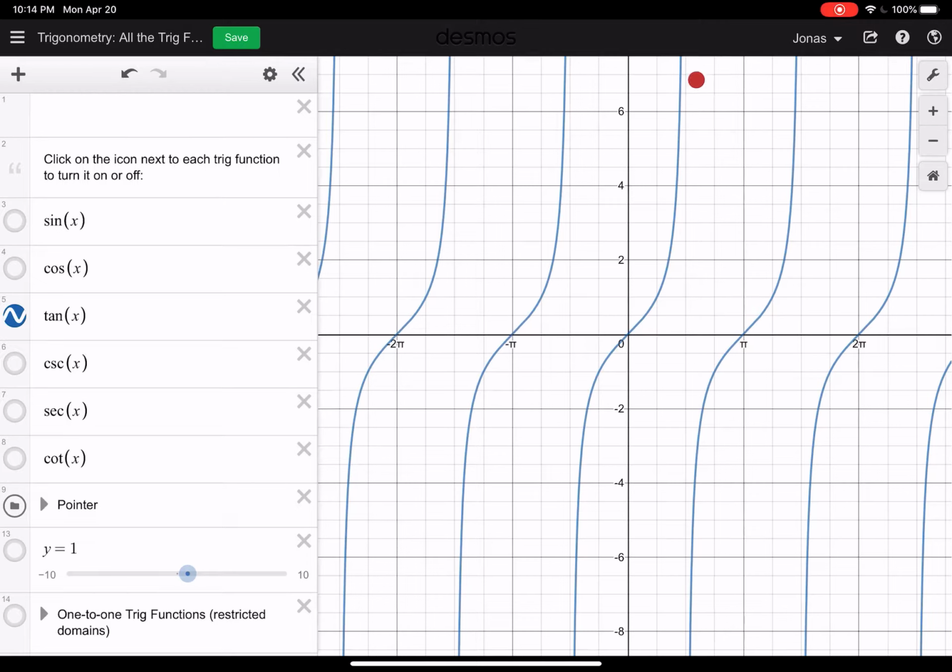The tangent function has vertical asymptotes at pi over 2, and down here at negative pi over 2, and of course more of them at negative 3 pi over 2 and positive 3 pi over 2, and so on. Those are places where the function is undefined, but that's just fine. That doesn't bother us.